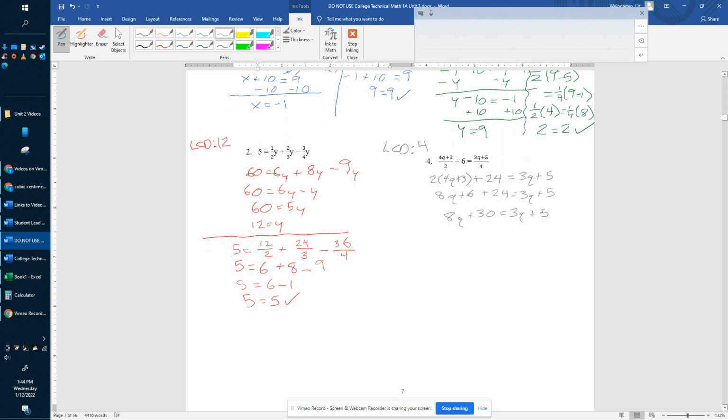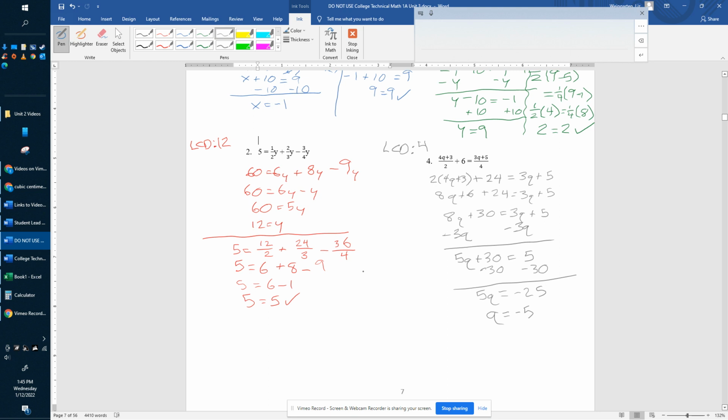Now we have to get all of our variables on one side, so we're going to subtract 3q from this side, minus 3q from this side, and we get 5q plus 30 equals 5. Subtract 30 from both sides. We get 5q equals negative 25. Divide both sides by 5, and we get q equals negative 5.